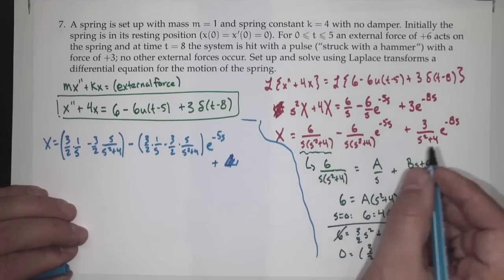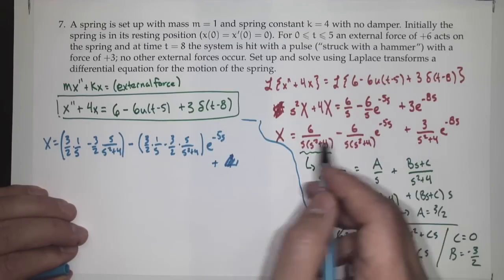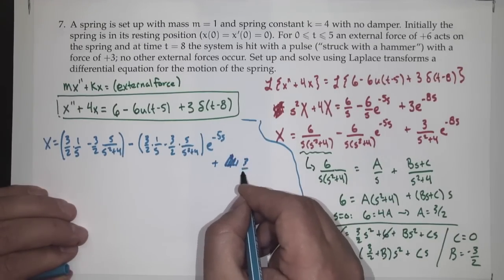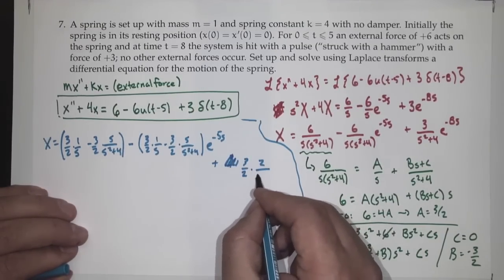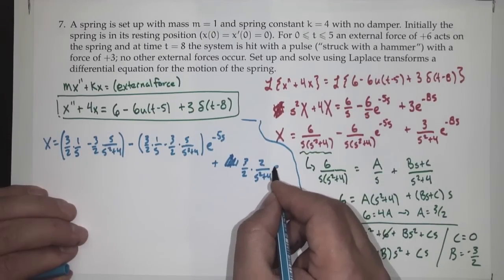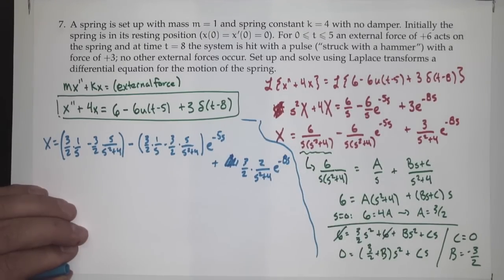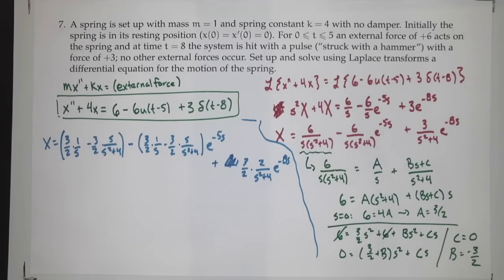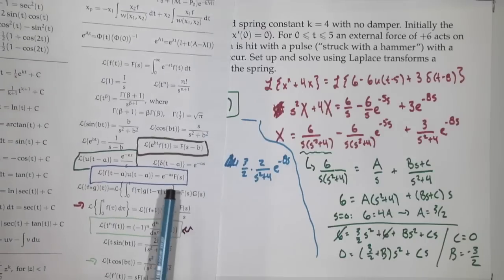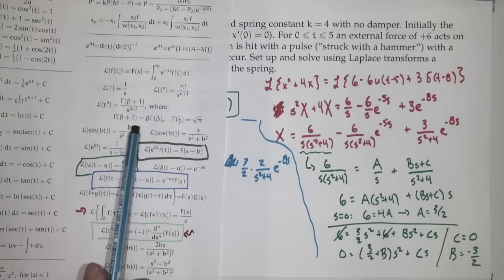Well, in anticipation, I'm going to rewrite that as 3/2 2 over s squared plus 4 e to the minus 8s. Now you might say, do you just like the number 3/2, Steve? Well, not just that. What do I want? 2 over s squared plus 4 matches the sine.